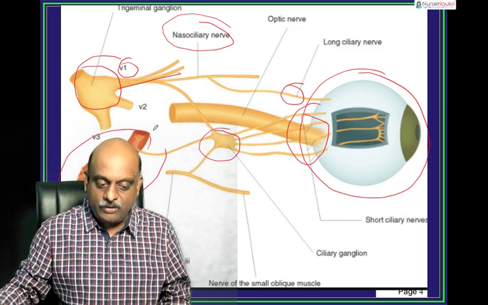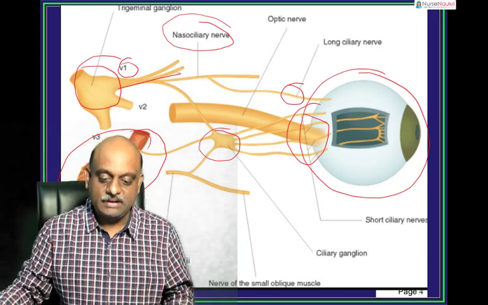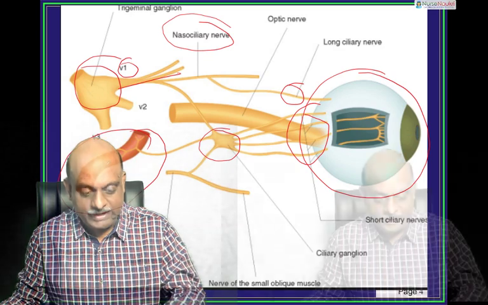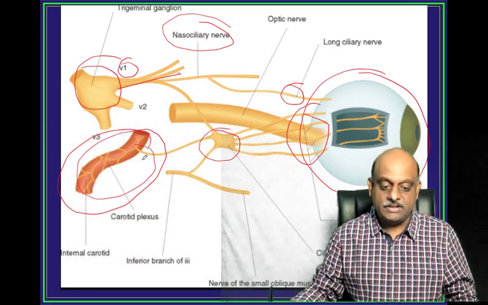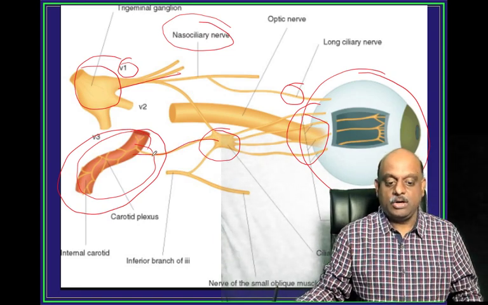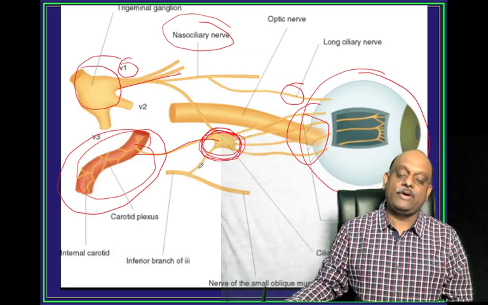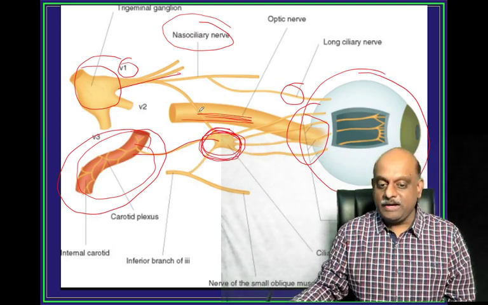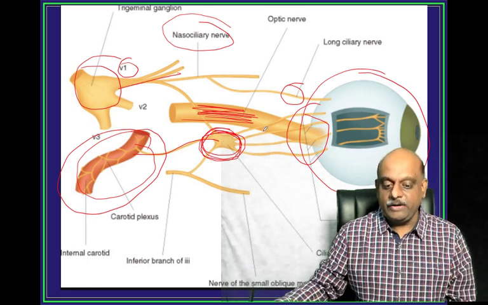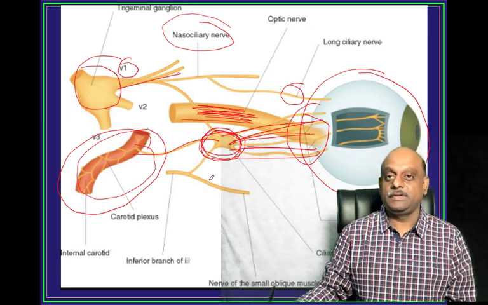Then from the carotid plexus, yeah, carotid plexus, you are getting the sympathetic fibers. All of them are ultimately merging on the ciliary ganglion. So this is the optic nerve, and from the ciliary ganglion comes out the short ciliary nerves.